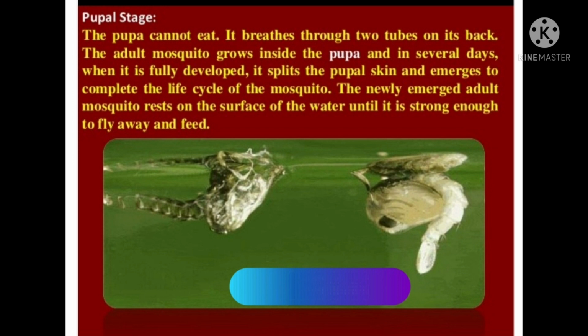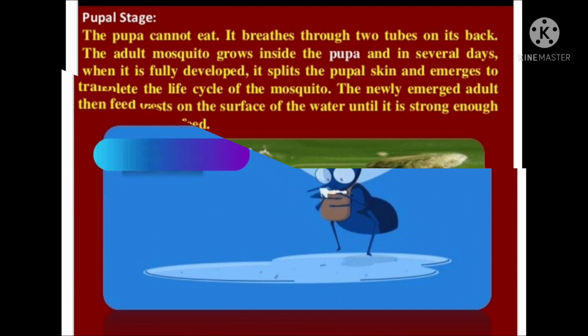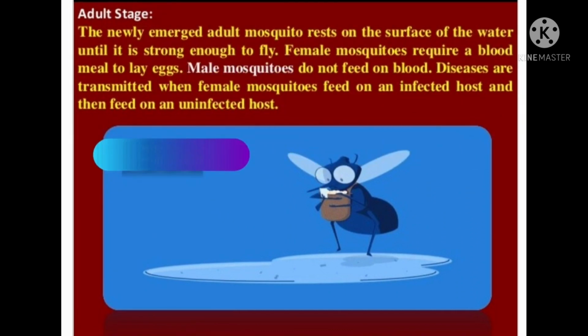It stays on the surface of water till it feels a bit strong enough to fly and find out its food. As soon as it regains the confidence and strength, it starts flying in search of food.